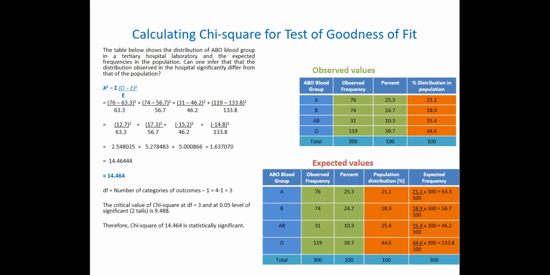Now, you remember in our chi-square, the frequency observed minus expected, squared, over expected. You've already gotten the observed frequencies 76, 74, 31, 119. Then you want to get the expected frequency. The one they gave you before is the percentage, not the frequency.